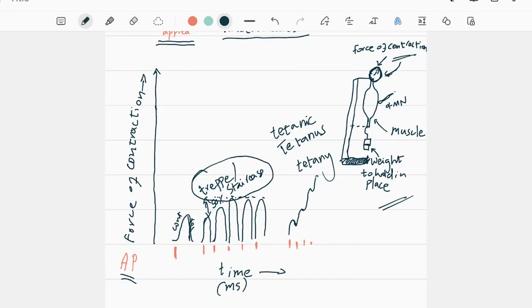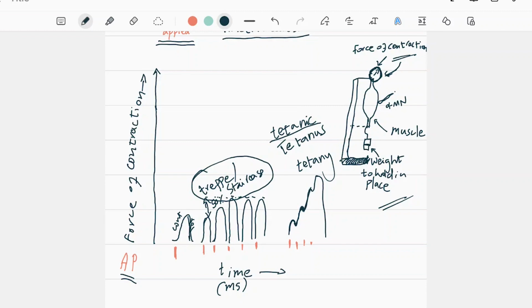So this is called tetanic contraction. You kept giving an action potential in relatively quick succession before the muscle can relax completely. You get partial relaxation, and then again an action potential comes, and there's more development of force in the muscle than before, and then again you give an action potential before it relaxes, and you get more force.